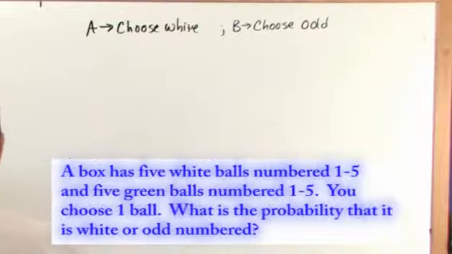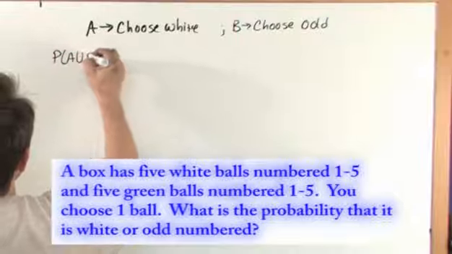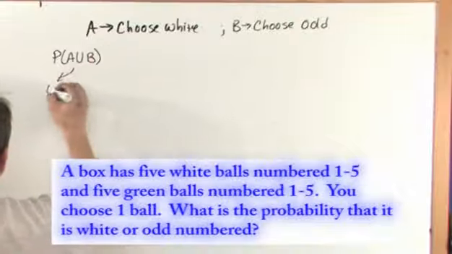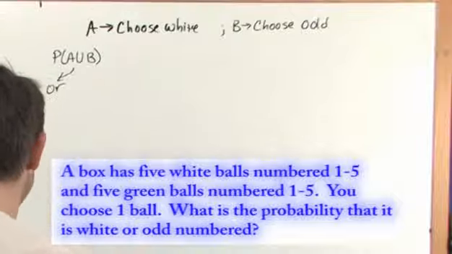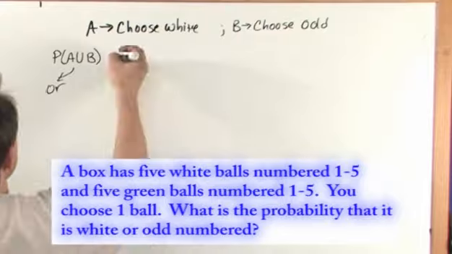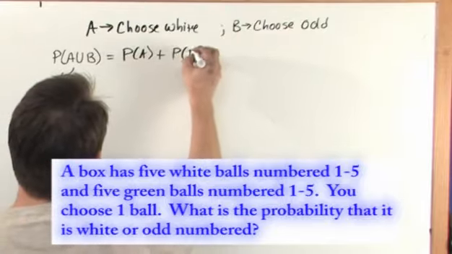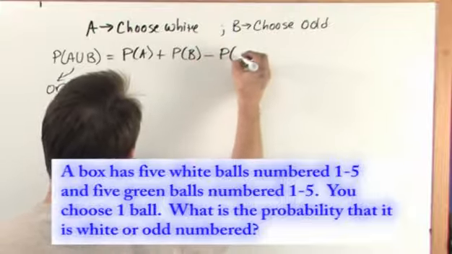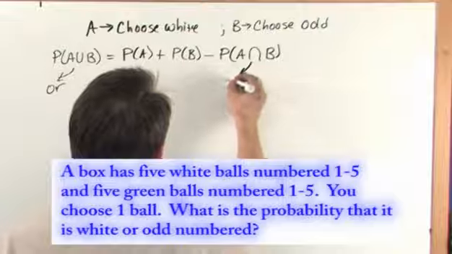And what I'm looking for is the probability of A union with B, which is A or B, that I get a white ball or an odd ball. So that's going to be the probability of A plus the probability of B minus the probability of A intersection with B, which is A and B.